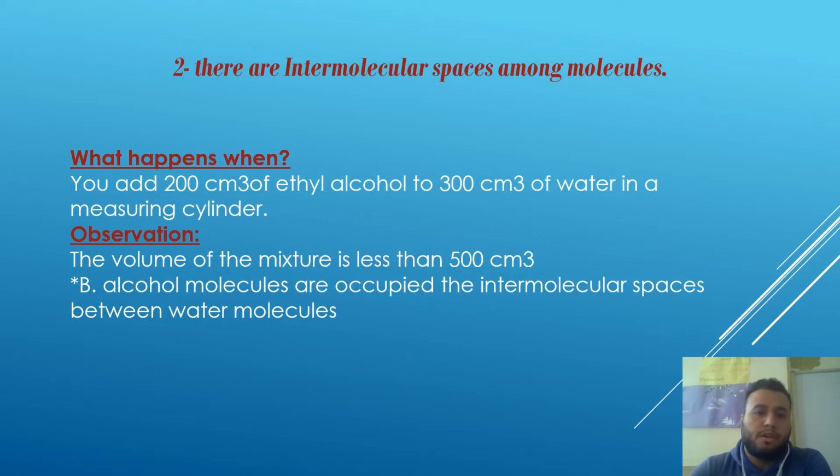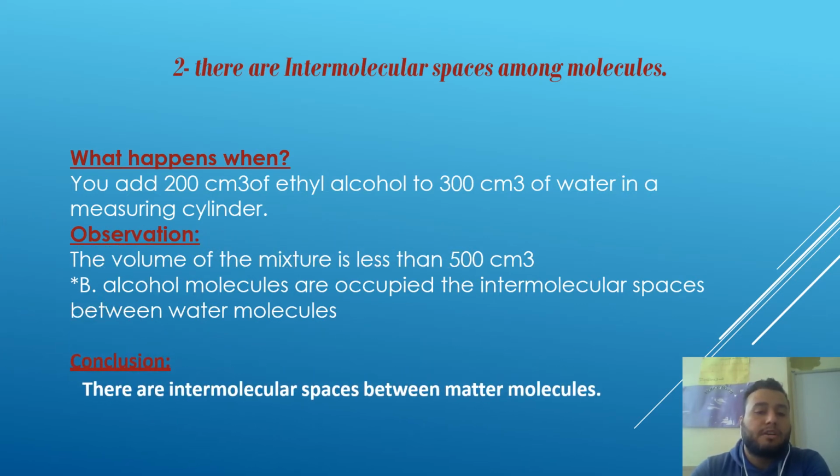No. The observation is that the volume of the mixture is less than 500 cubic centimeters. Why? Because alcohol molecules occupy the intermolecular spaces between water molecules. So the conclusion is that there are intermolecular spaces between molecules of any matter.